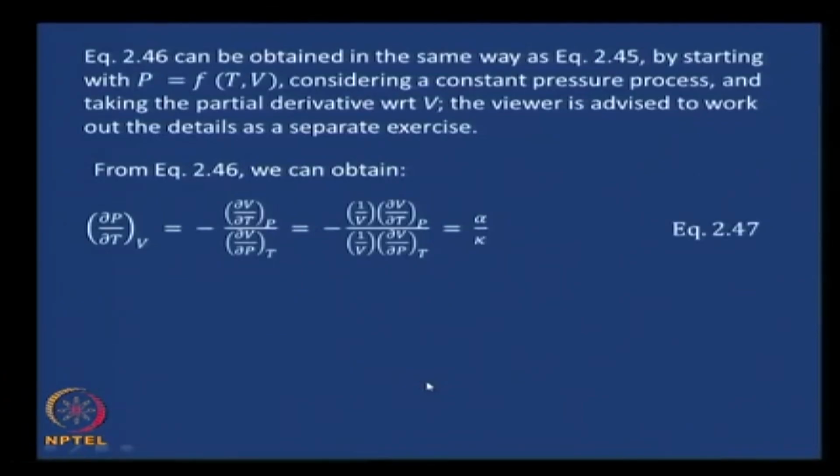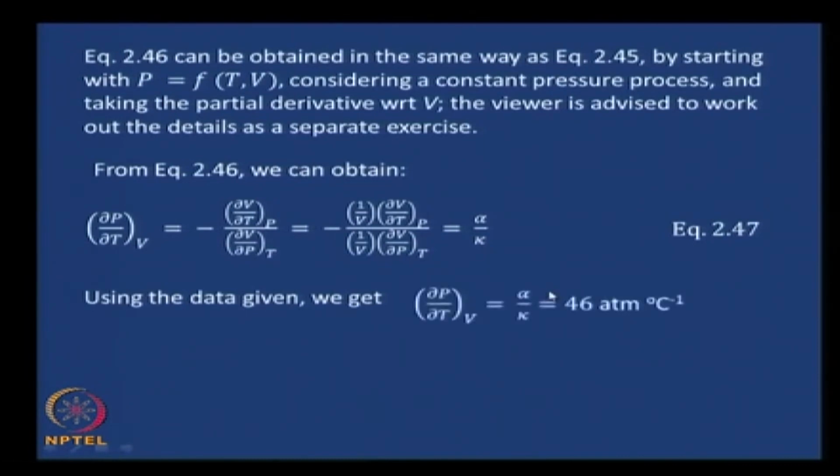Okay, you would have had time to work things out. Alpha and kappa are already given in the problem statement. If we substitute here, alpha by kappa will turn out to be 46 atmospheres per degree C.